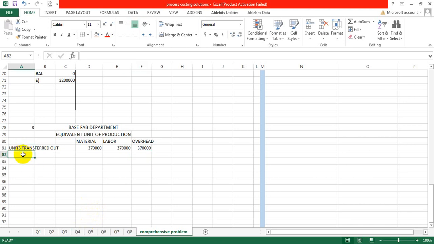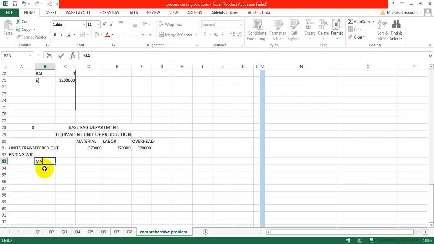Okay, now we need to calculate equivalent unit of production. We will add ending work in process inventory, ending WIP. Okay, now here we will apply the percentages, right?